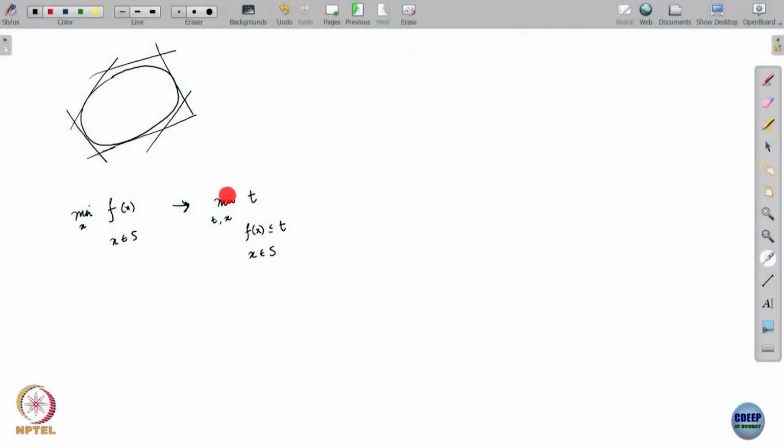Any kind of complication in the objective can always be pushed into the constraints. So, the geometry of the constraints is what makes the problem hard, not so much the geometry of the objective. So, without loss of generality, any optimization problem can be written as an optimization of a linear function over some constraints, and that is what we have done here.